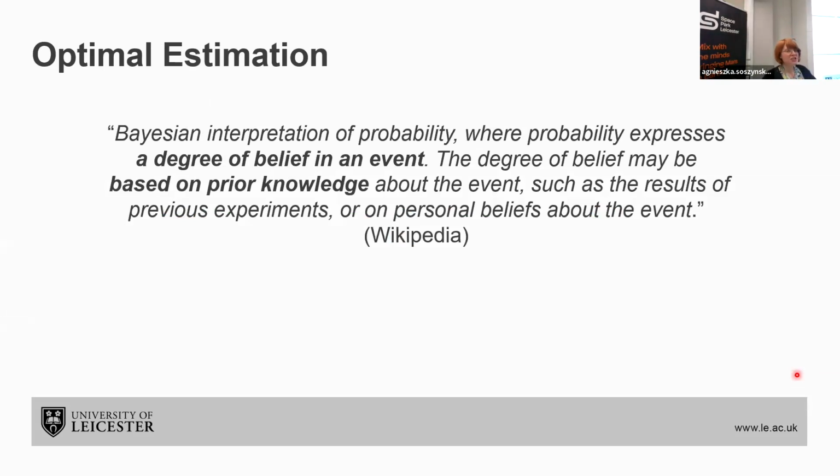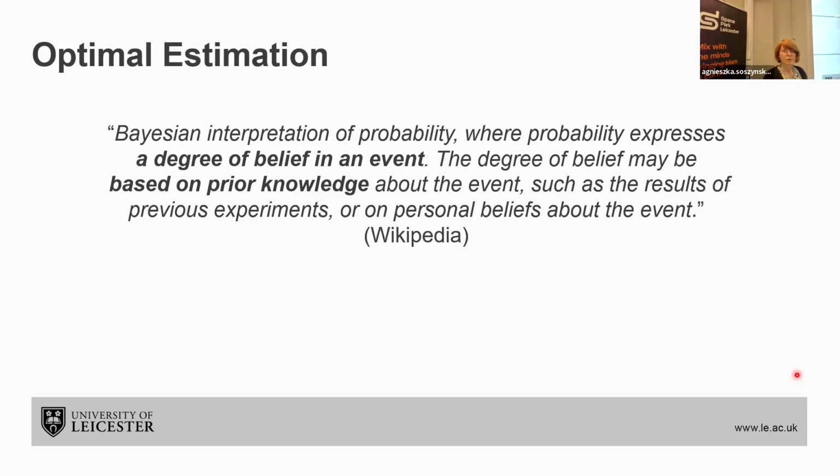What optimal estimation does, I pasted here a quote from Wikipedia. It's an interpretation of probability of a state, where the probability is expressed by a degree of belief of an event. This degree of belief can be based on prior knowledge, and that's also crucial.